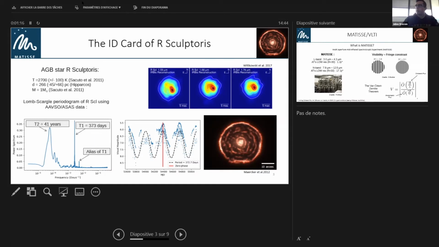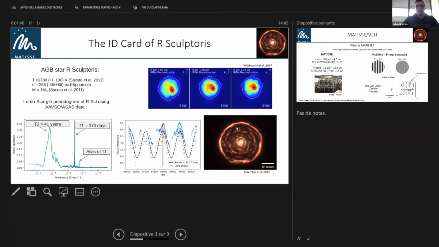Several studies have already been made about the star R Sculptoris at different scales, for example with the PIONIER instrument, and also the famous picture taken with ALMA. What is interesting in the ALMA picture of R Scl is that we can see the presence of a spiral in the circumstellar envelope of the star.